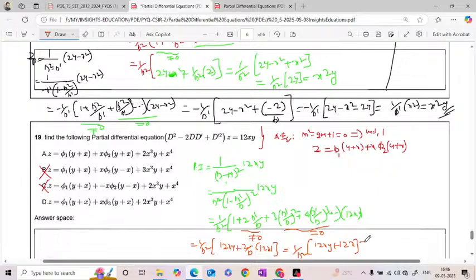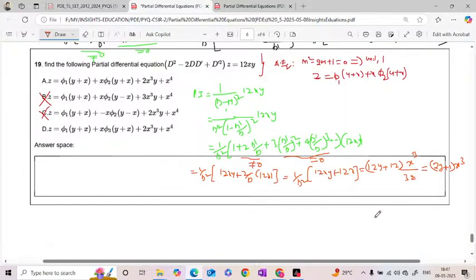Now integrate with respect to x twice. 12y plus 12 into x. After integrating twice, the first time we will get 2 x square by 2 and the second time x cube by 3 into 2. So 6 means here we will get 6. So 2y plus 1 into x cube.